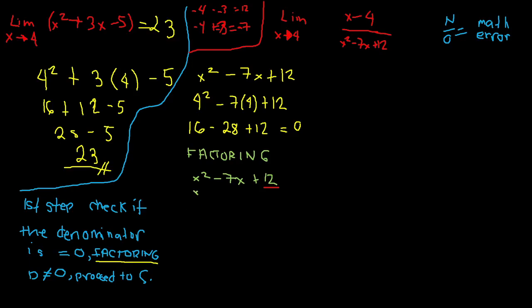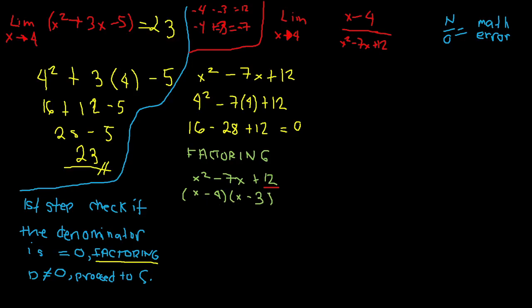x minus 4 and x minus 3, di ba? So, pag ginamit natin yung FOIL method, x minus 4 times x minus 3.